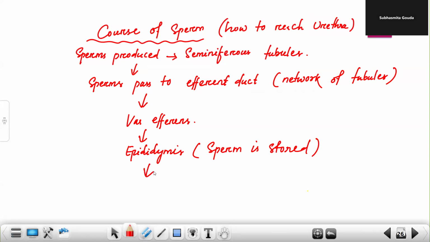Next, after that, it will go through the vas deferens, and last is the urethra, the urethra in the penis. Then it will be completed. With this we can conclude part 1 of human reproduction.